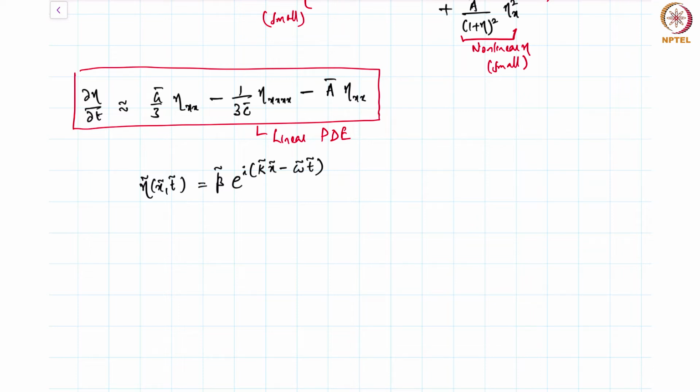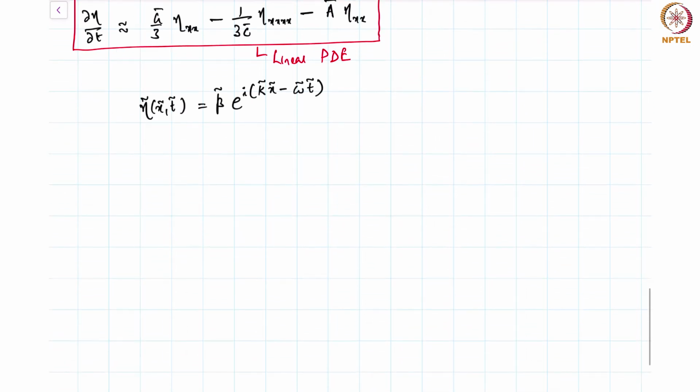Okay. Now we can define the horizontal length scale in a more precise way. If this is my length scale, then my k hat is basically, you can think of it as 1 by wavelength, and that can be taken to be the characteristic length scale.